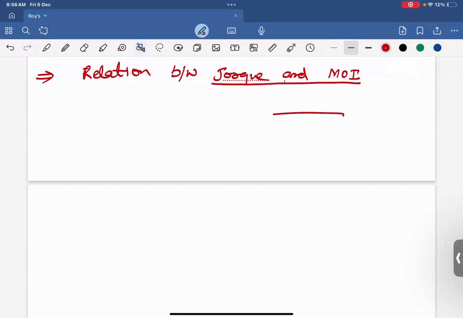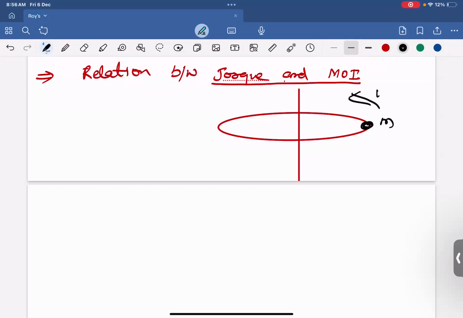Let's suppose I have a particle which is moving in a circle. This is a particle of mass m here. It is moving with some velocity omega. So it has two forces acting here. One force is centripetal and other force is tangential.